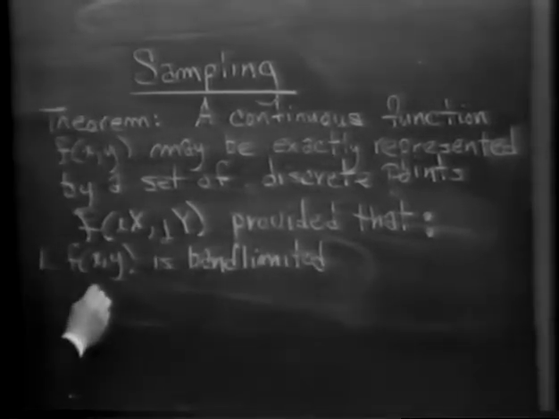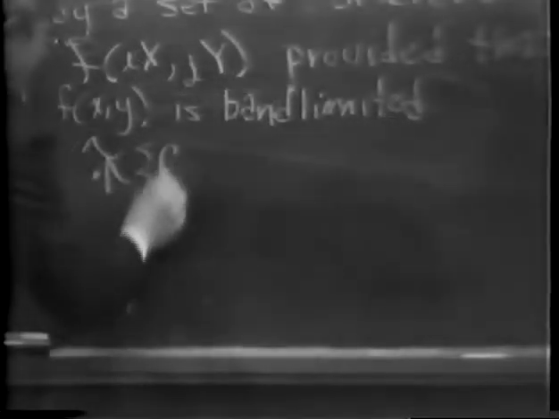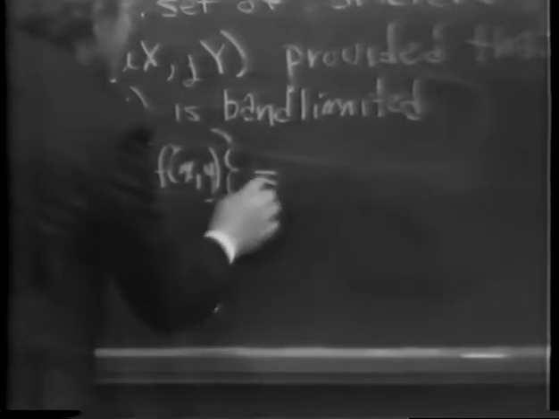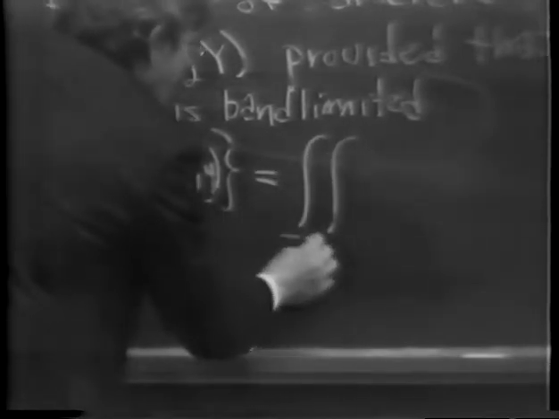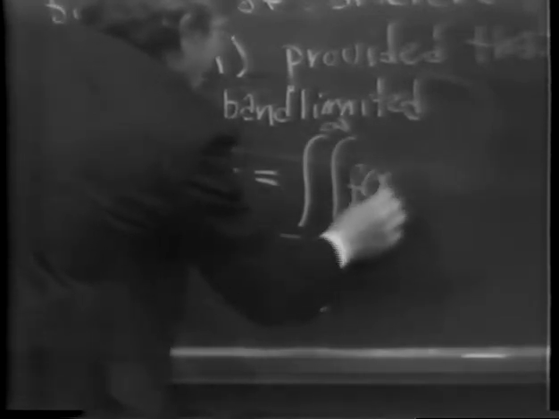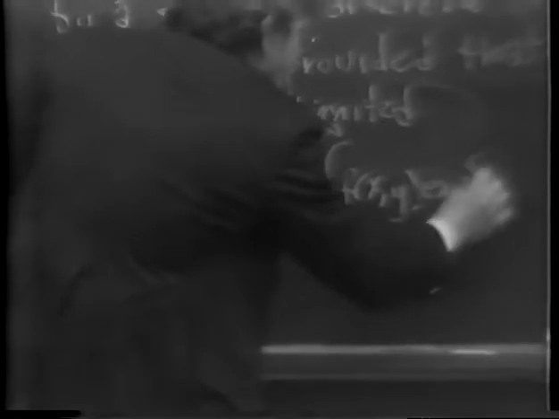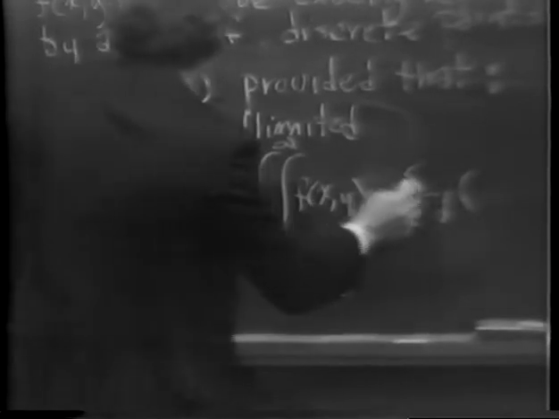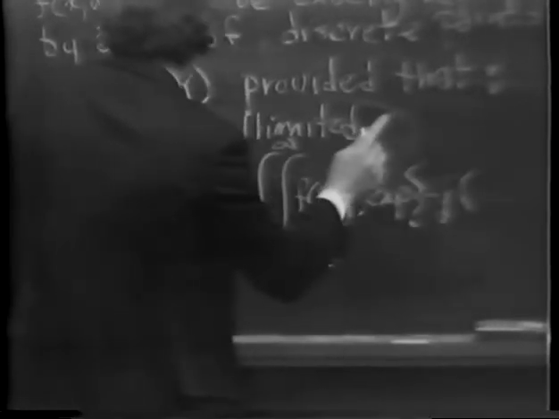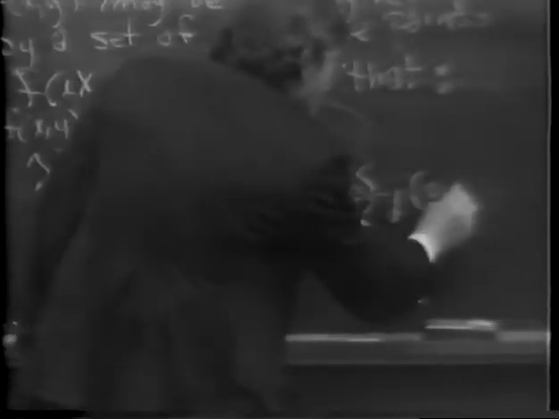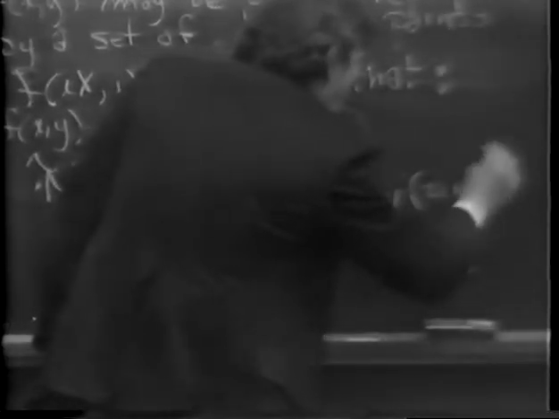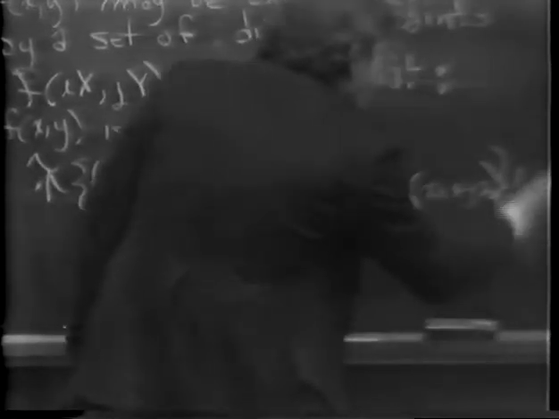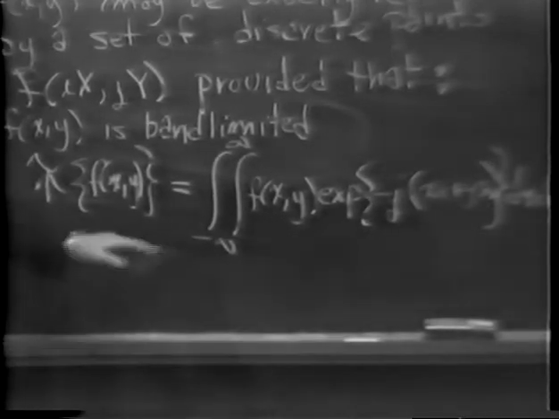By that, we simply mean that the Fourier transform of f of xy, which for discrete functions is an equation of the form I'll use with the simplest notation, that's our equation for the Fourier transform of f of xy.